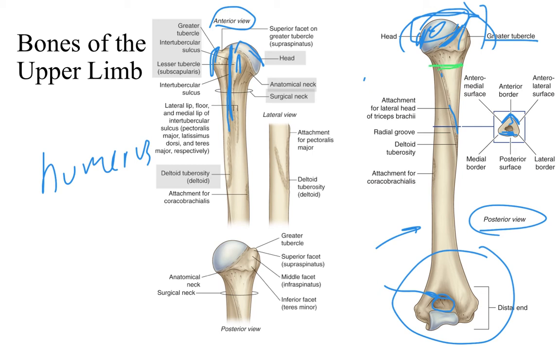So this would be the surgical neck of the humerus. And the importance of the surgical neck of the humerus is that it is a common place for fractures to occur. And all things aside, it looks more like what a neck of a bone would look like, as opposed to this stunted neck that you have as the anatomical neck.